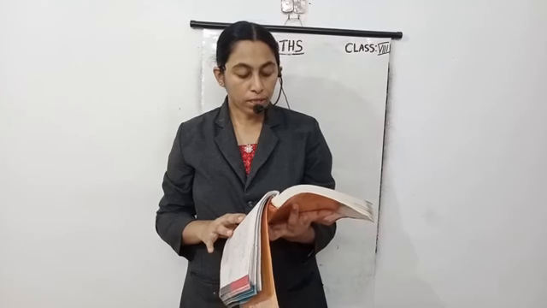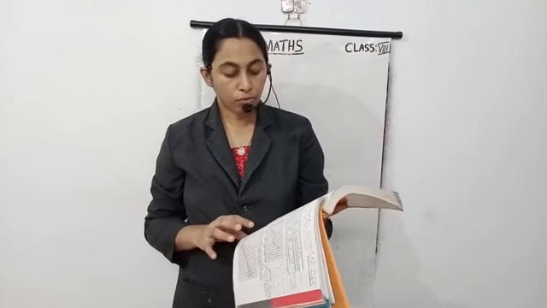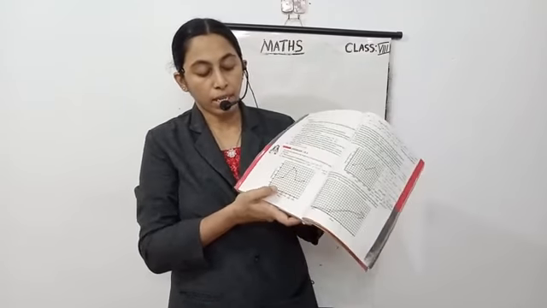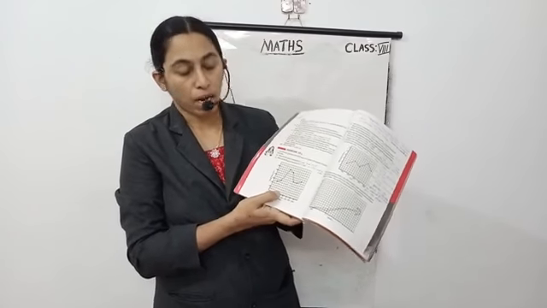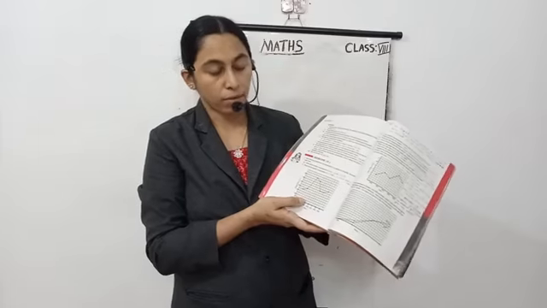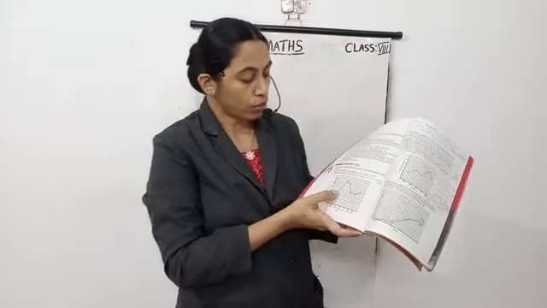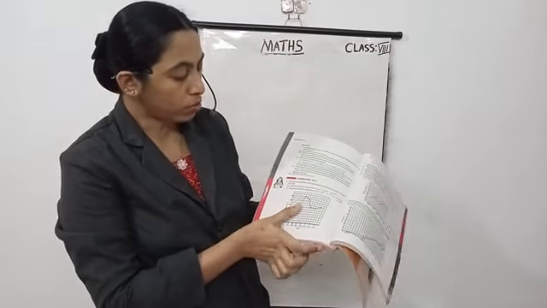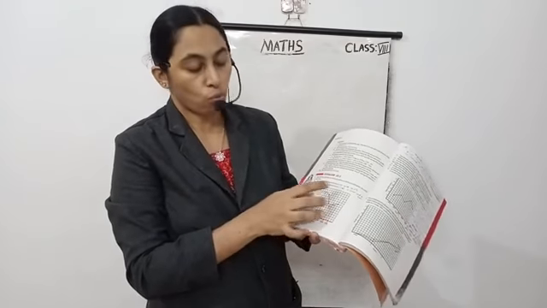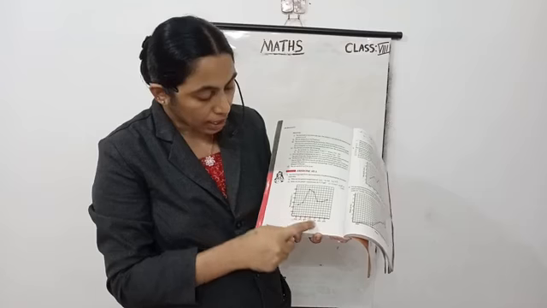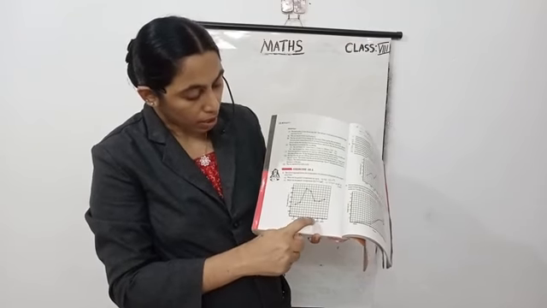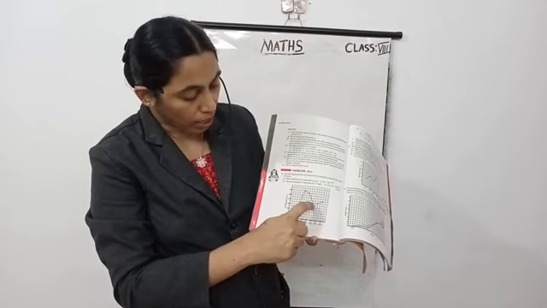A. What was the patient's temperature at 1 p.m.? Here we have a graph according to the data. Here one line graph is given. So first question is what was the temperature at 1 p.m.? So here 1 p.m. Then corresponding to 1 p.m.